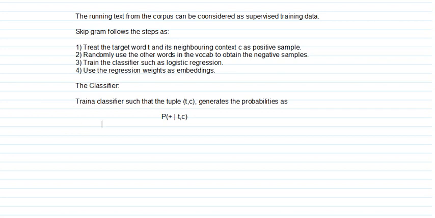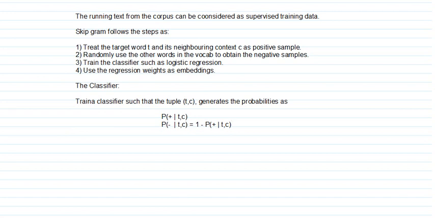And we can also calculate P of negative given T comma C as 1 minus this probability. Right, so these two probabilities will be generated.